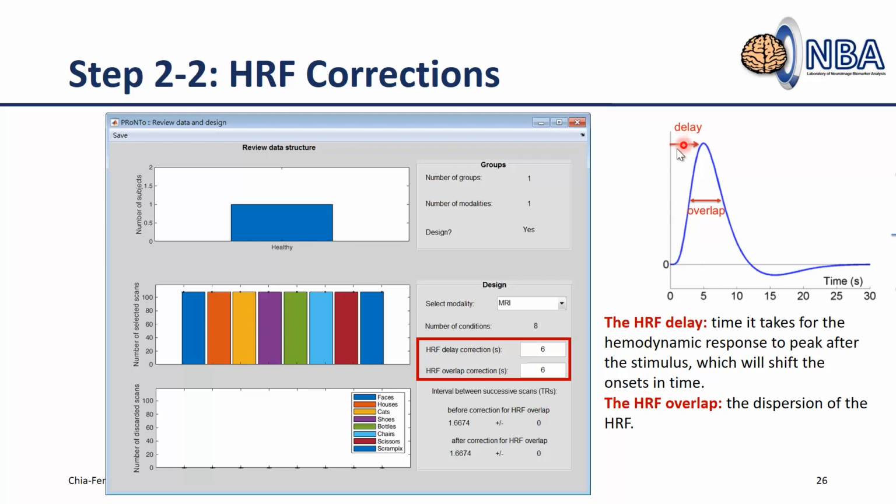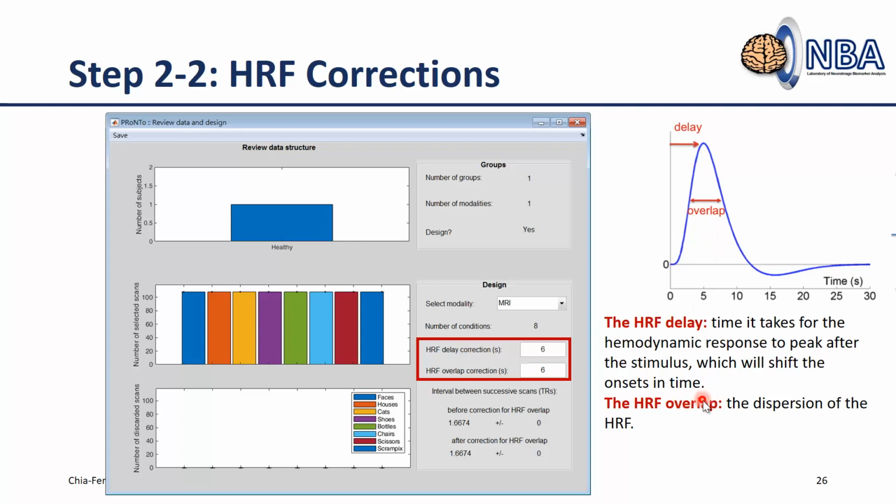So actually we have some kind of delay right there. And the definition of delay in PRoNTo is actually the time it takes for the hemodynamic response to reach its peak value right here. So normally, as we introduced before, this value should be around 5 or 6 seconds, right?